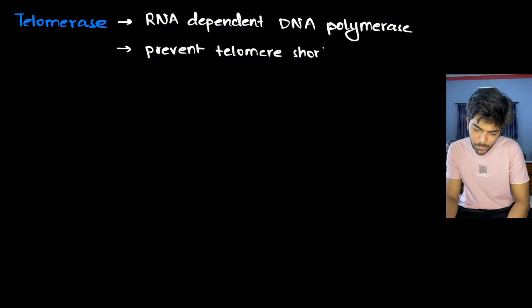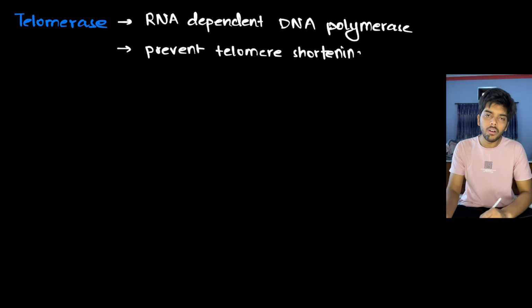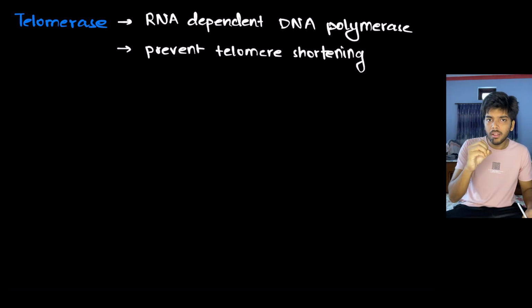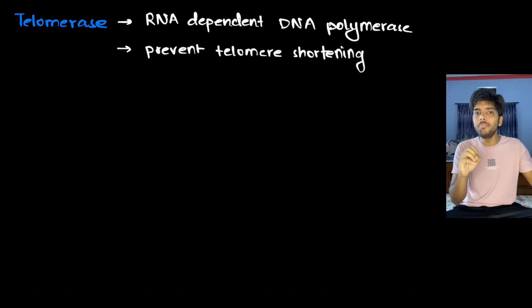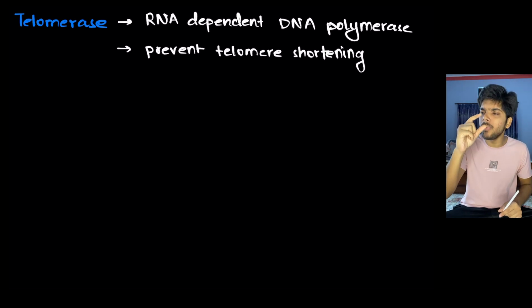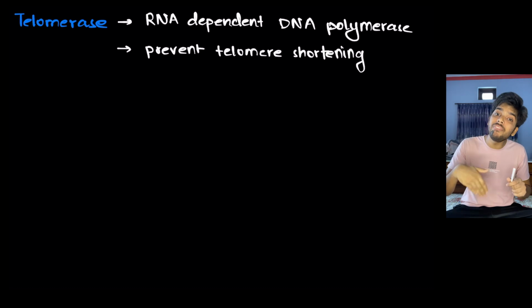Now imagine in your cell there is telomerase activity, unlimited telomerase activity. So if there is unlimited telomerase activity, that means telomere length will never become small. The telomere length will remain as it is. With every cell division, there is no change in telomere length.